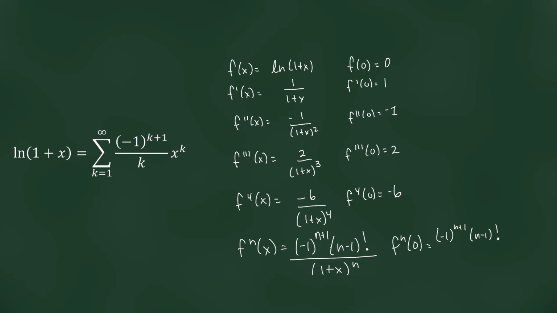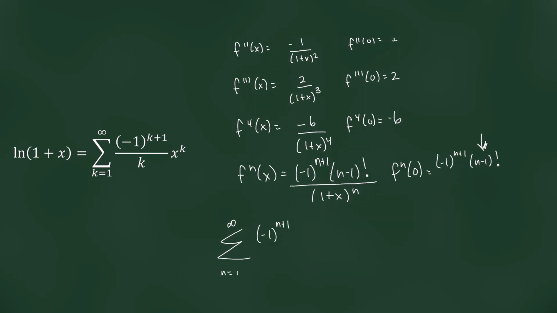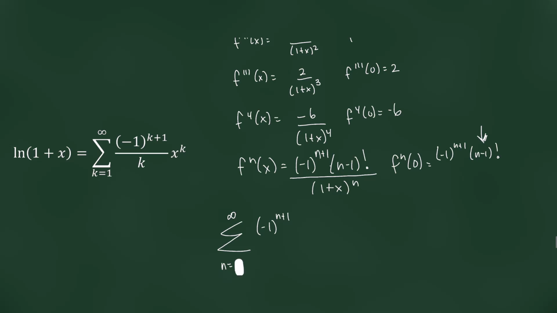Now, a couple of things. First of all, notice that our f of 0 is 0, which means that we don't need that term in our series. Also notice that here we have an n minus 1 term, which means if we start off with n equals 0, we're taking -1 factorial, and that doesn't make any sense. So we're going to start the sum from 1 to infinity, because our 0 term doesn't exist. We have -1 to the n plus 1, and then we have n minus 1 factorial.